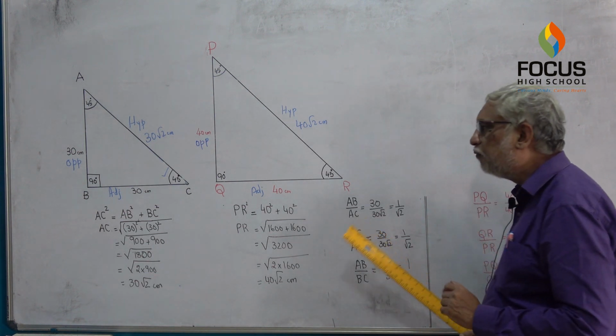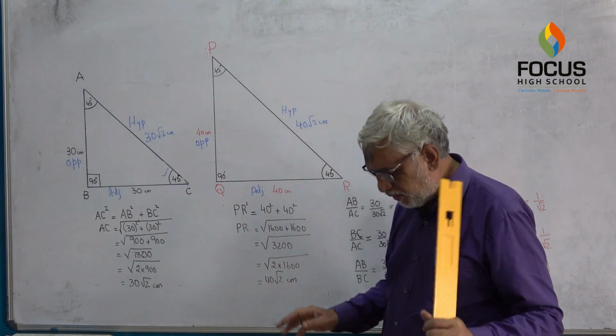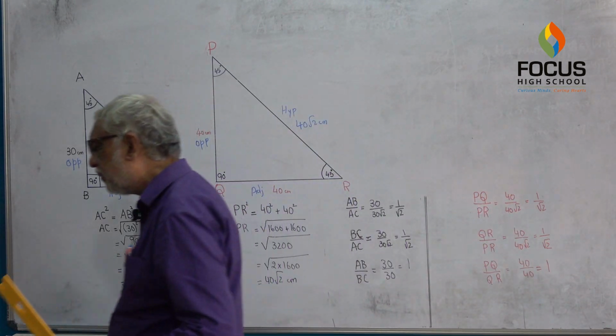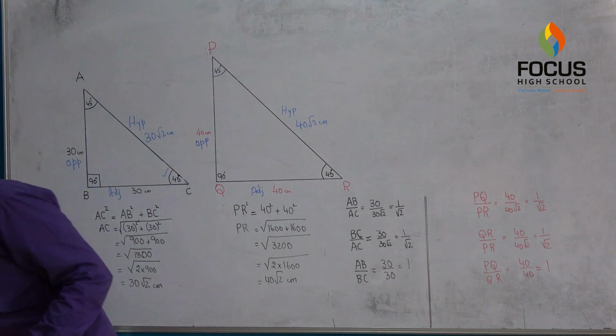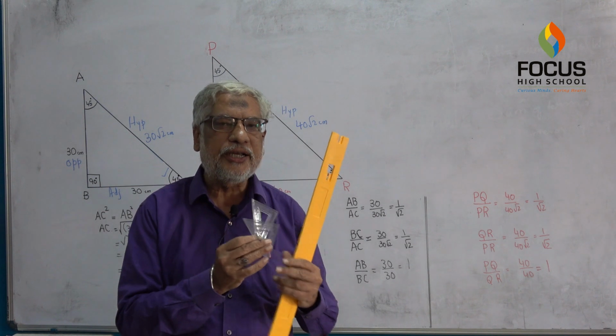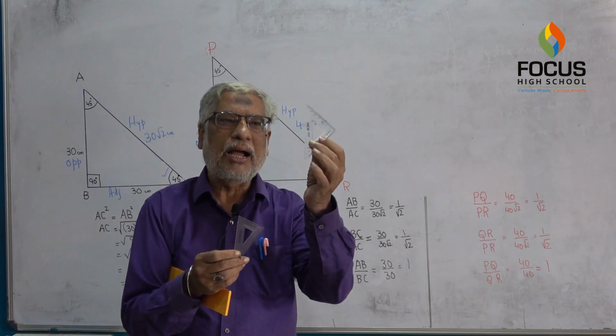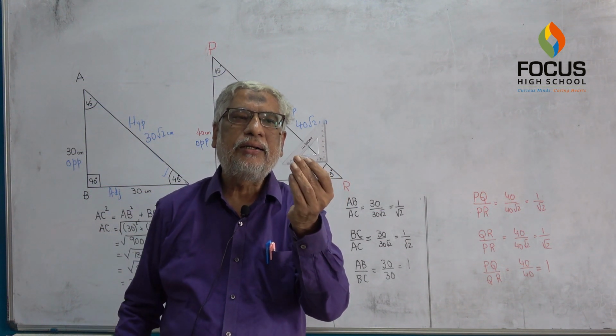And it is the same whether the triangle is big or small or whatever it is. Even in your compass box, you will be having these two instruments which we call set squares. And of these set squares, one is an isosceles right angle triangle.